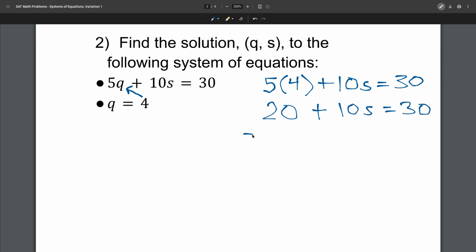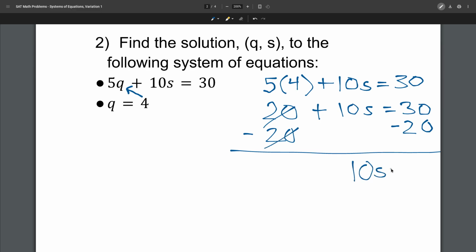We're going to subtract 20 from both sides to get rid of the plus 20 here. Okay, these are going to cancel. We'll get 10s equals 10. And then we'll divide both sides by 10.